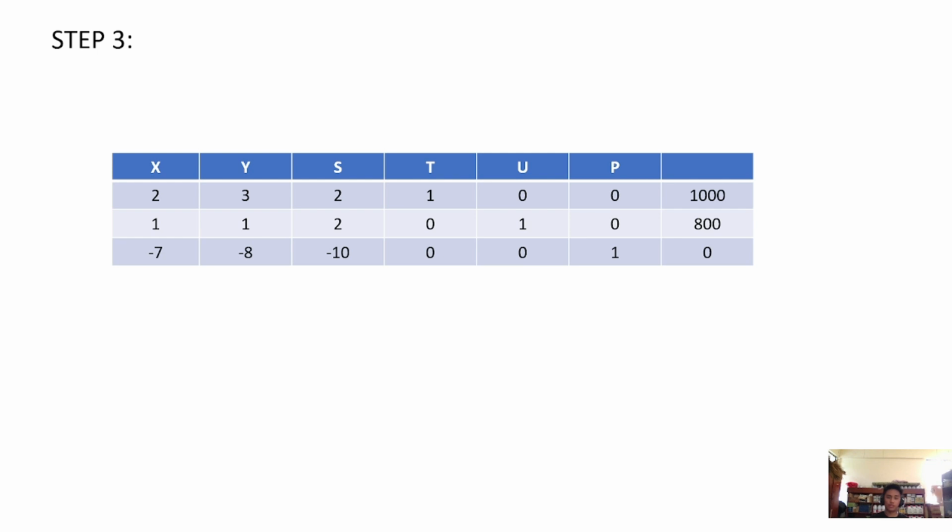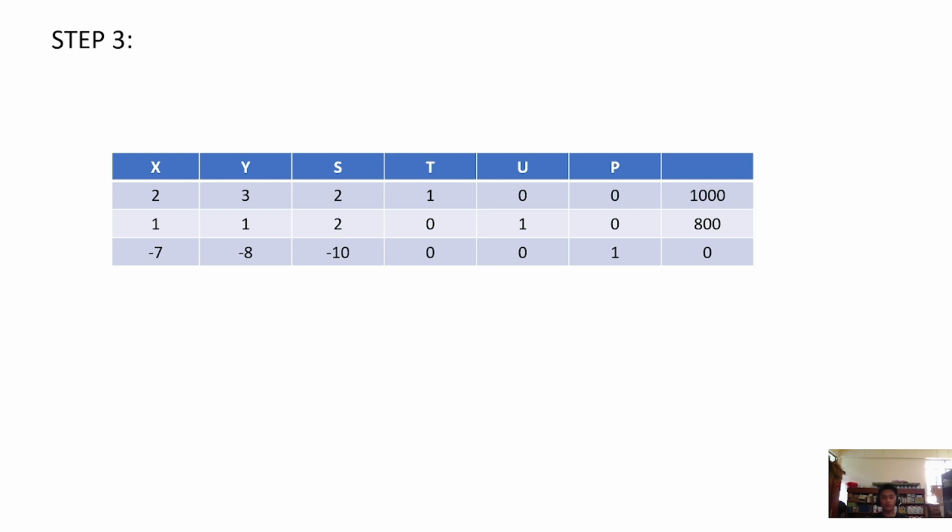Observe this picture, ma'am, and we will determine our pivot column, pivot element, and pivot row. In the table above, the column s has the most negative entry, negative 10, in the last row.